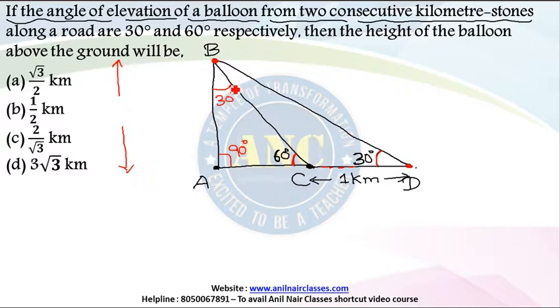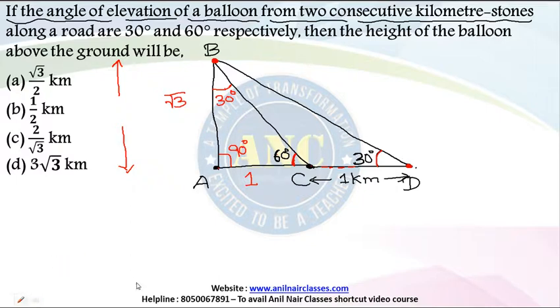Opposite to 30, if I assume AC as 1, then opposite to 60, which is AB, will be √3 units. Opposite to 30, if it is 1, opposite to 60 will be √3.